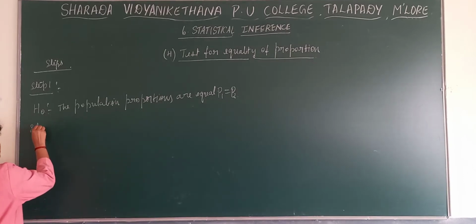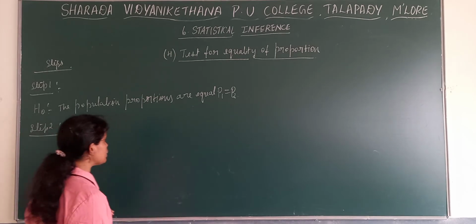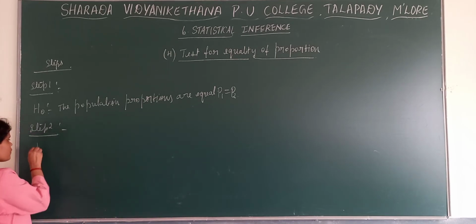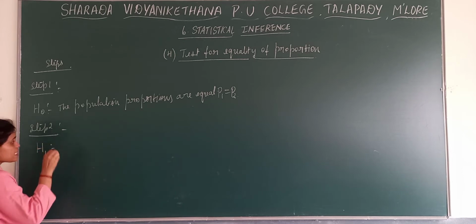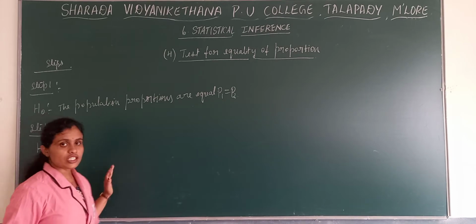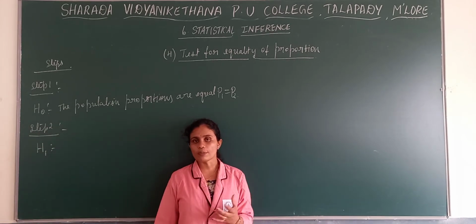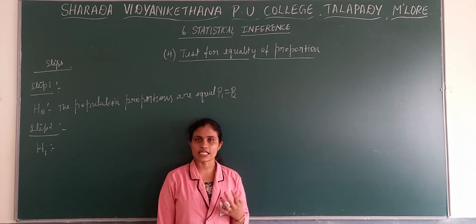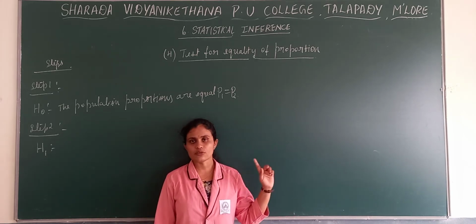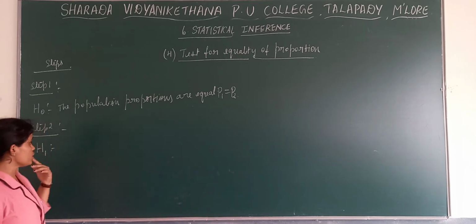Then step 2, that is alternative hypothesis, writing of alternative hypothesis. When we speak about alternative hypothesis, as you know, we have 3 options there. If it is two-tailed test, then it depends upon the problem, we need to frame different alternative hypothesis. If it is one-tailed, if it is right-tailed it means different and left-tailed means some other kind of alternatives.